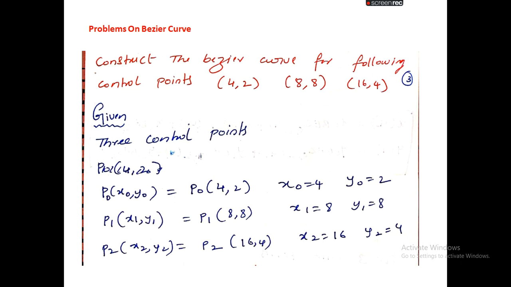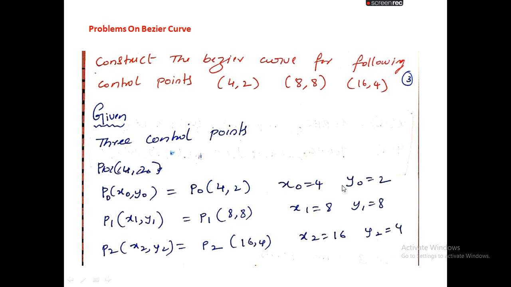If I want to create the Bezier curve with the help of these control points, first I would like to write what is given. Three control points are given: P naught of X naught, Y naught; P1 of X1, Y1; and P2 of X2, Y2. P naught equals 4, 2, meaning X naught is 4 and Y naught is 2.